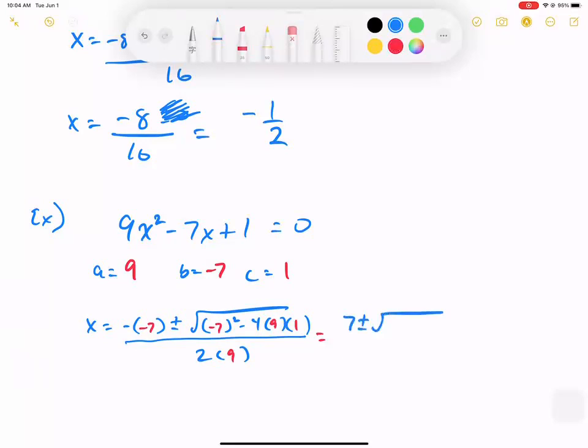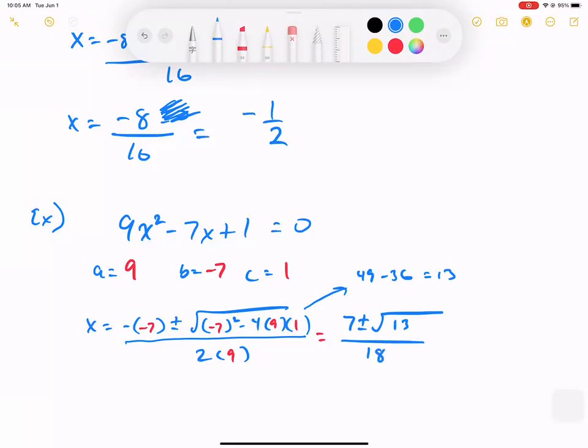Now, let's do this on the side. Negative 7 times negative 7 is 49, and 4 times 9 is 36, so 49 minus 36. You can use a calculator here, but 49 minus 36 is 13. That's positive 13 all over 2 times 9, which is 18.